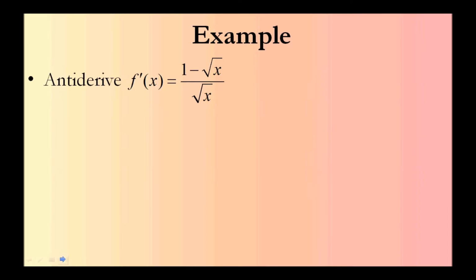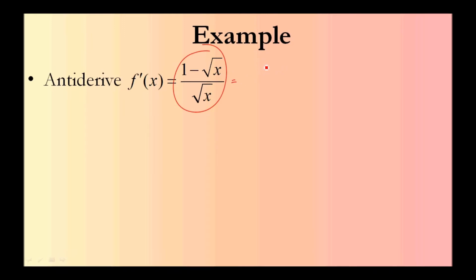Antiderive f prime of x is equal to 1 minus the square root of x divided by the square root of x. So first, we have to apply some algebra, because we can't use this, so we have to manipulate it so we can solve it.